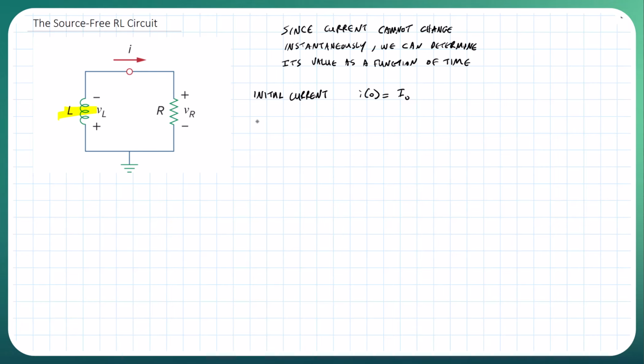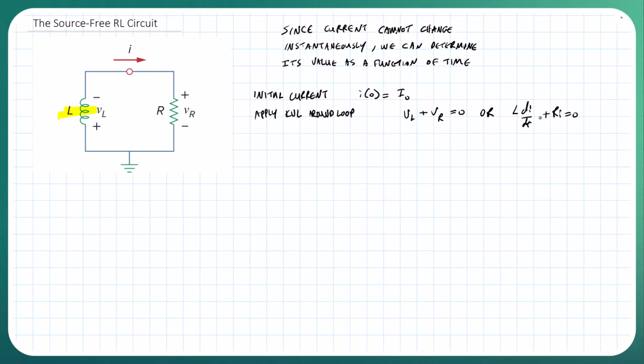We're going to apply KVL around this loop for the circuit on the left, and what we get is V sub L plus V sub R has to equal 0, or we can rewrite it as L di/dt plus Ri equals 0.